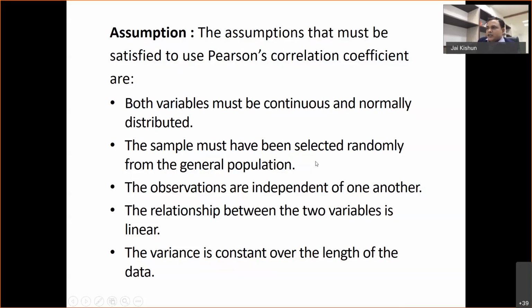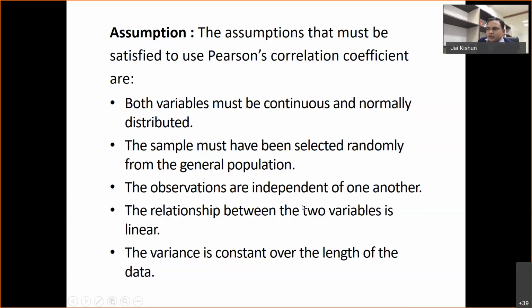The sample must have been selected randomly from the general population. So the sample, or the variable which we have taken from the sample, should come from the general population, and the observations are independent of one another.